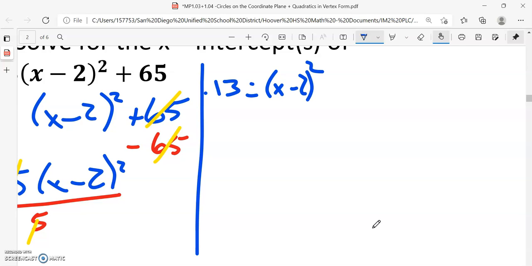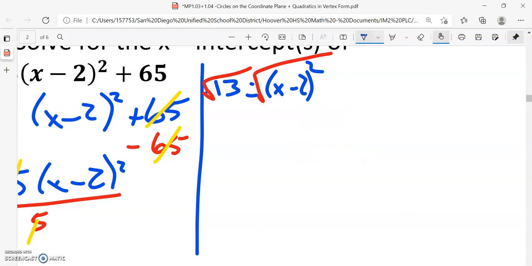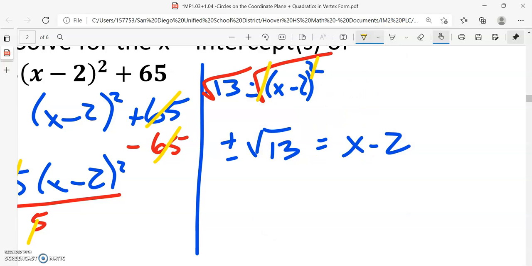The next thing we do is square root both sides. So we get plus minus square root of 13 is equal to x minus 2, because a square root and a square cancel off.